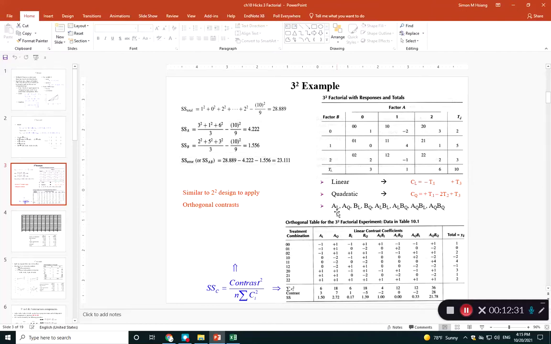You agree with me? 9 observations, 9 degrees of freedom. A linear, A quadratic, B linear, B quadratic. Where are the other 4 degrees of freedom going to be used? Since we have linear and quadratic, now we will have the so-called linear by linear effect, linear by quadratic effect, quadratic by linear effect, and quadratic by quadratic effect. Okay?